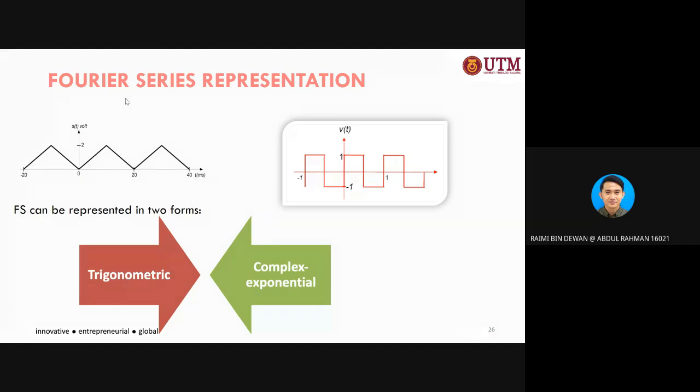So here is the Fourier series representation. The Fourier series can be represented in two forms. Whether it's trigonometric, what does it mean by trigonometric? With cos and sine. And complex representation, of course, with the exponential just now.